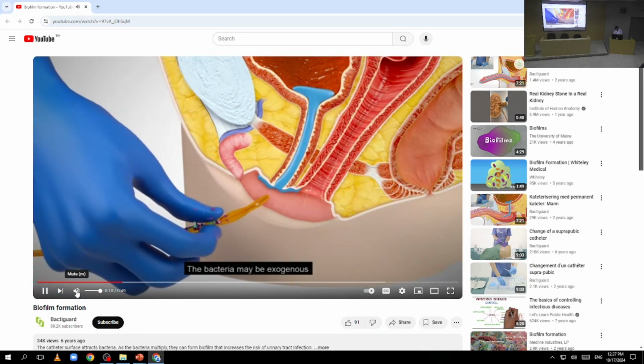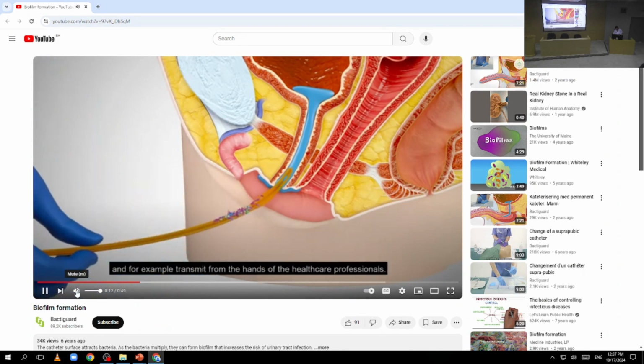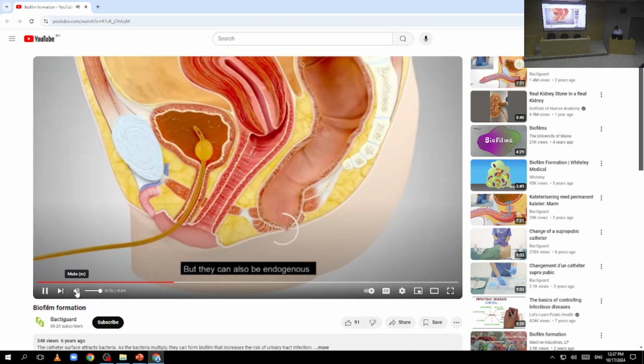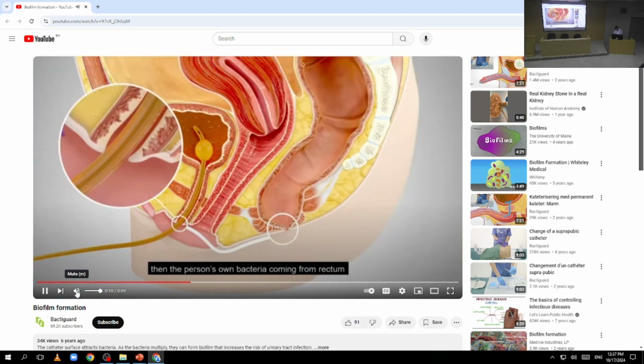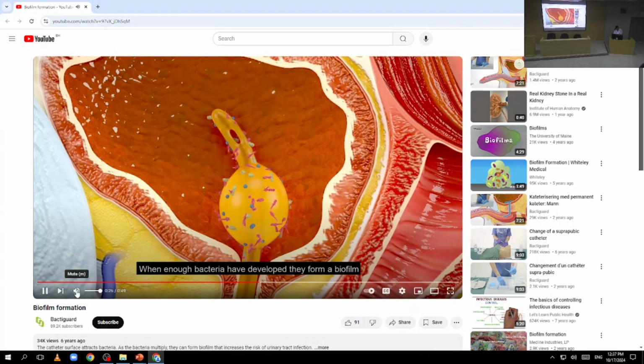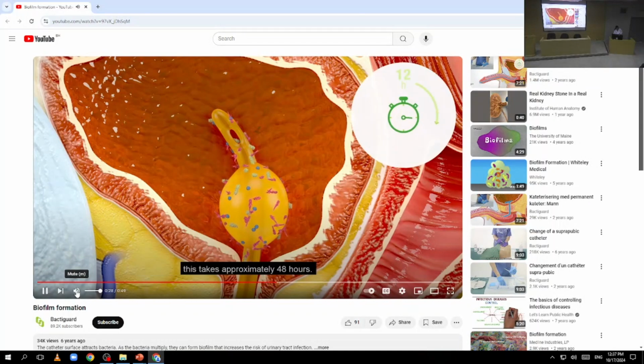The bacteria may be exogenous and, for example, transmitted from the hands of the healthcare professional. But they can also be endogenous, then the person's own bacteria from the rectum or the urethra, for example, contaminate the catheter. When enough bacteria have developed, they form a biofilm. This takes approximately 48 hours. Biofilm increases the risk for infection.